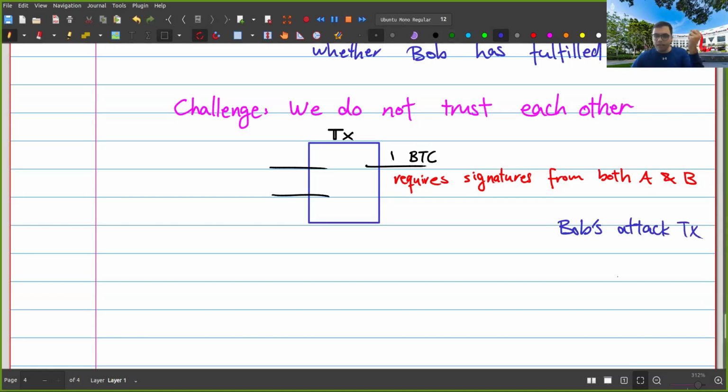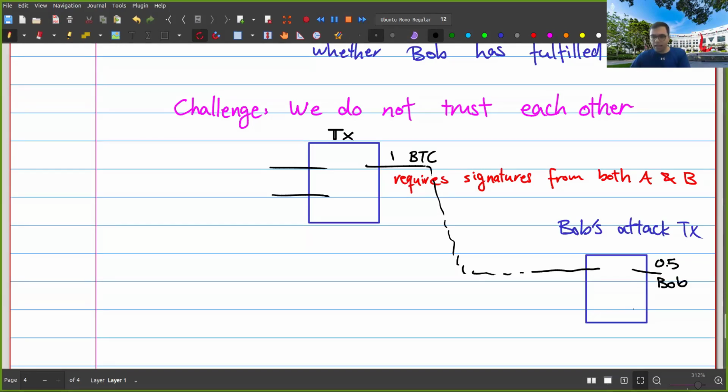In this transaction, I'm going to say I have this coin as my input, right? And I'm going to say I pay half of it to myself, and I pay the other half to Alice. So I create this attack transaction and I sign it and I send it to Alice.